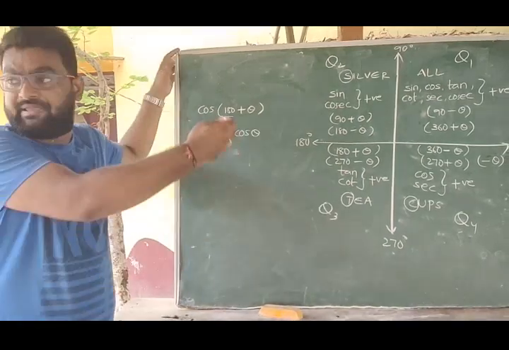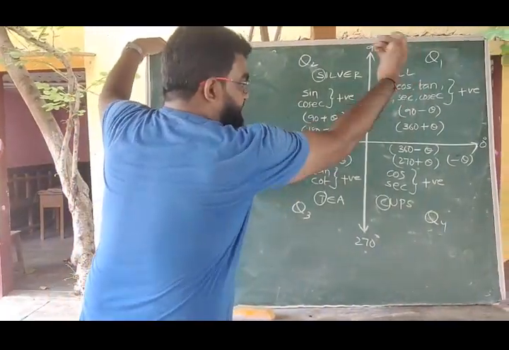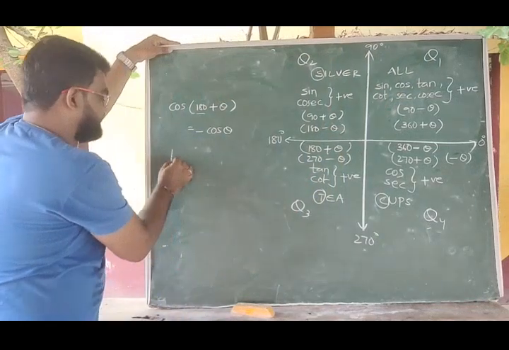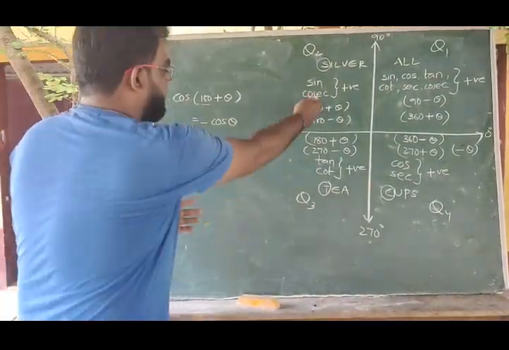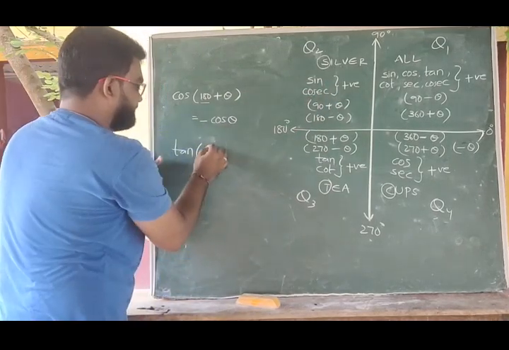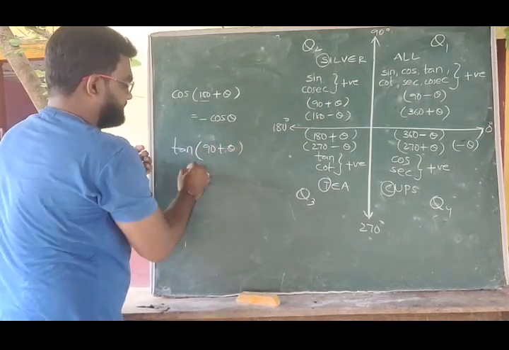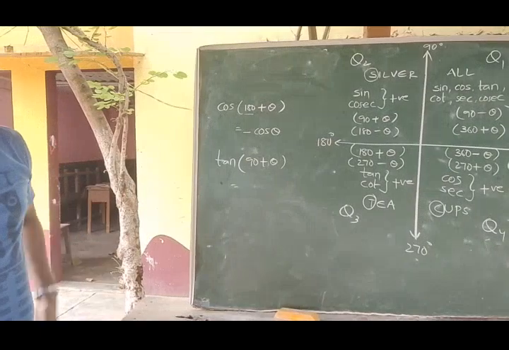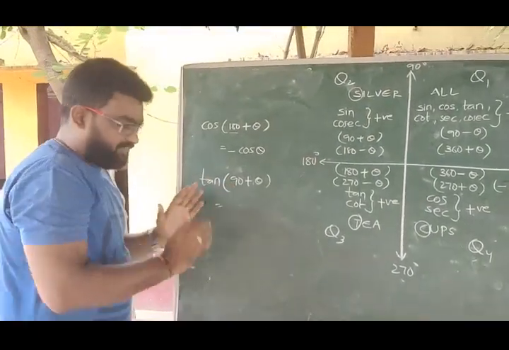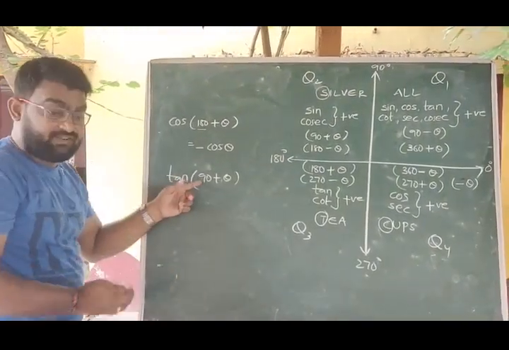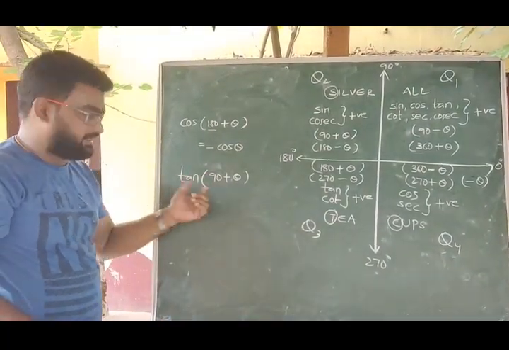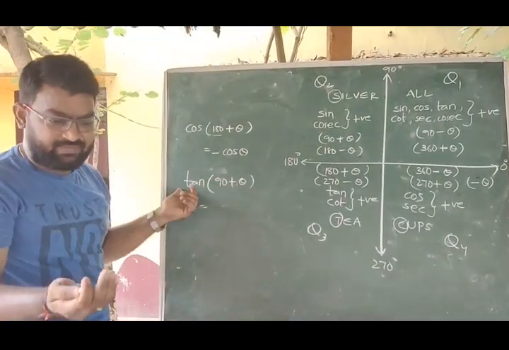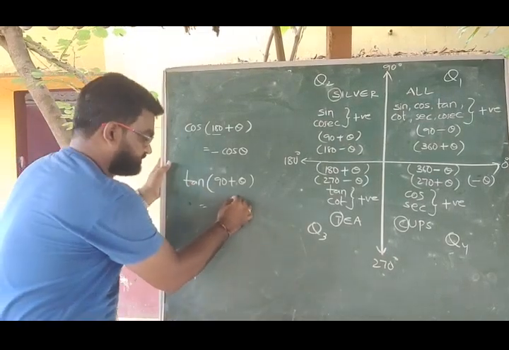Come on, pick another ratio. You pick any other ratio. For example, tan theta. Come on, select any angle out of them. For example, 90 plus theta. Tan of 90 plus theta. So now, what is the value of tan of 90 plus theta? First we have to check the given angle, and the given angle is odd. It is clear, 90. If the angle is odd, then tan will become cot.